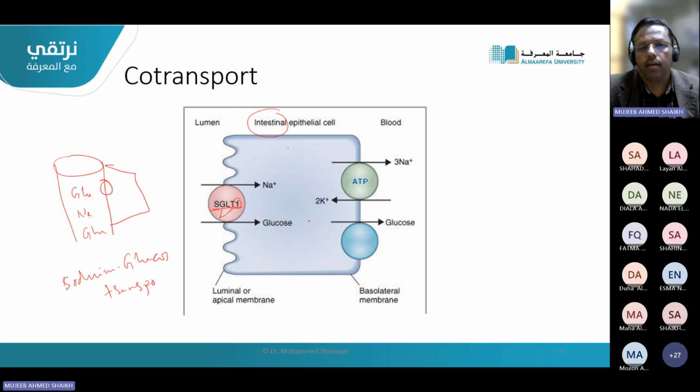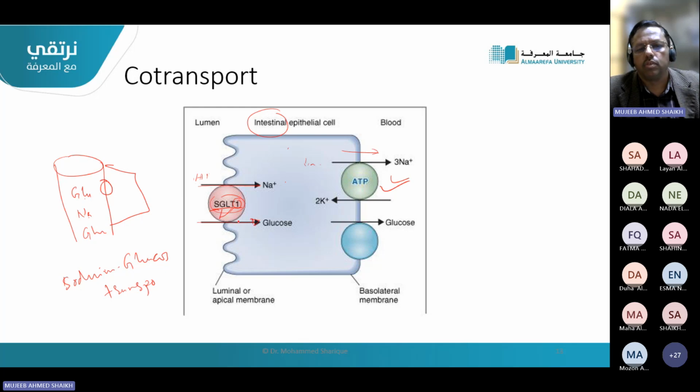Why is it happening? It is happening because of this sodium potassium ATPase pump here, removing 3 sodium out, so there is less sodium inside. Because of the less sodium, sodium will move in this direction from the high concentration outside. If it is moving through SGLT1, it will take glucose along with it.